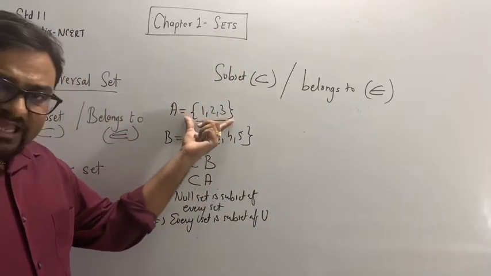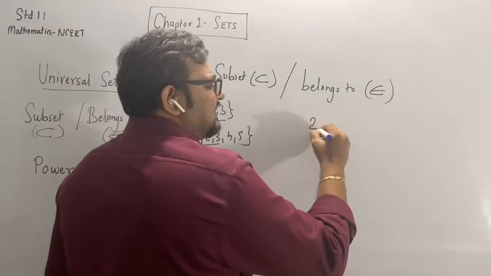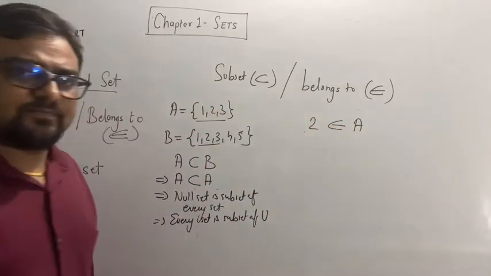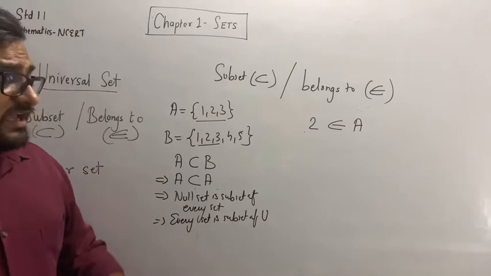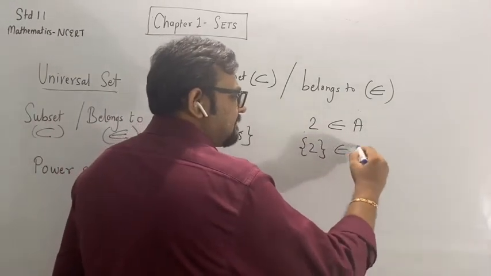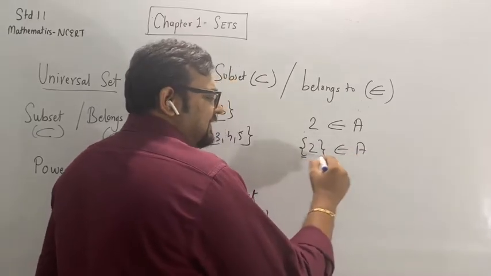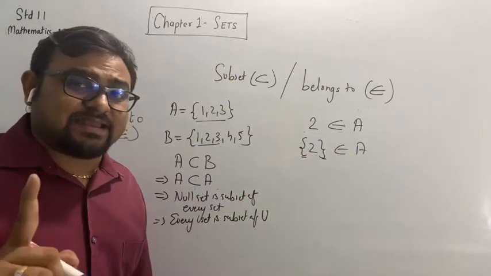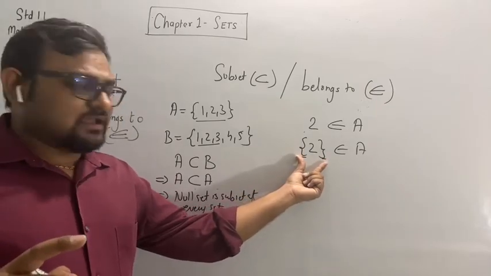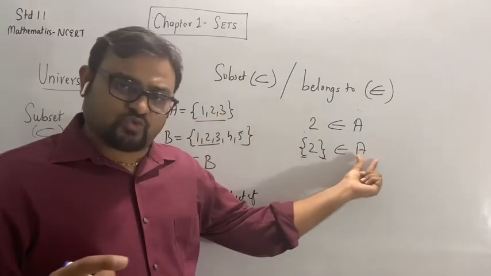Means in this case, I can write it down 2 belongs to A. Clear? See, I cannot write down in this way, because when you're writing in a bracket, then it's not an element, it's a set. Okay? Clear? I can write down here 2 belongs to A.